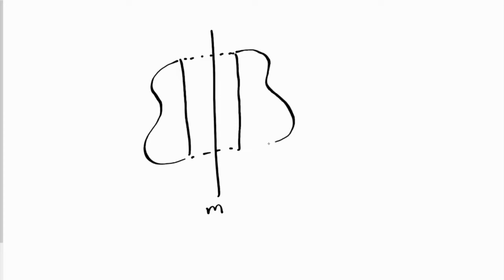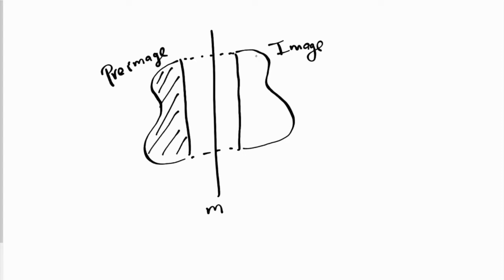And when we're done, we see that the pre-image and the image are flips. So we see that this has the curved edges to the left, and this has the curved edges to the right. So we kind of flipped it over the line.